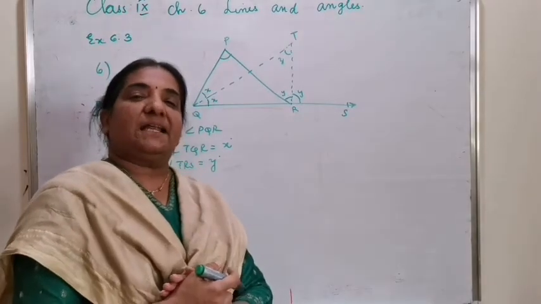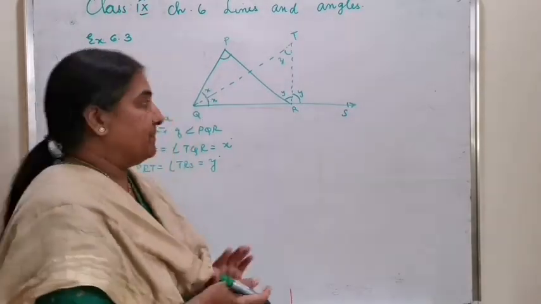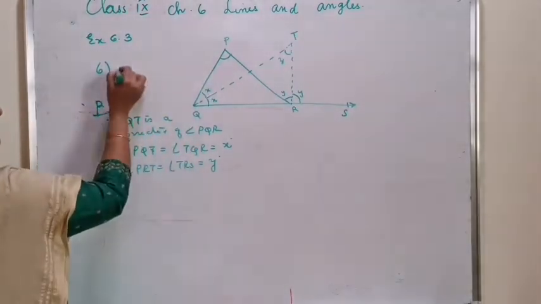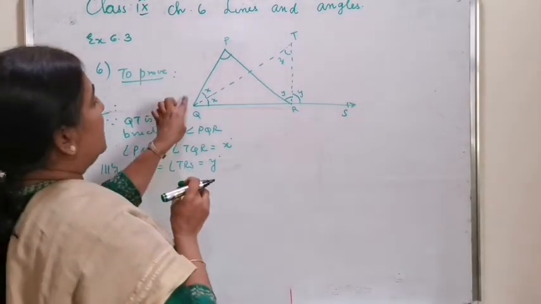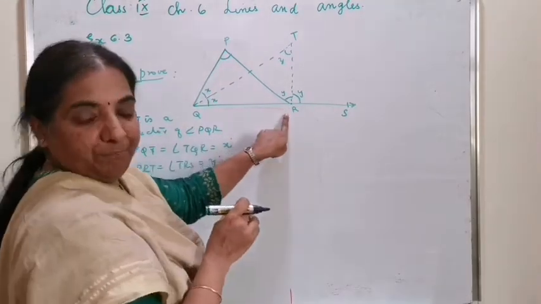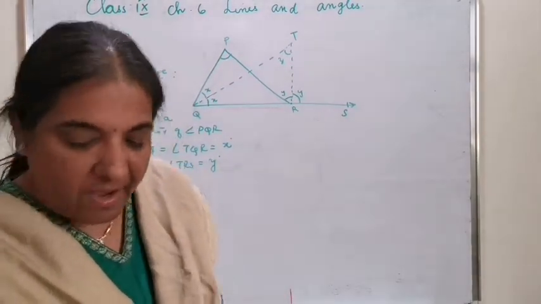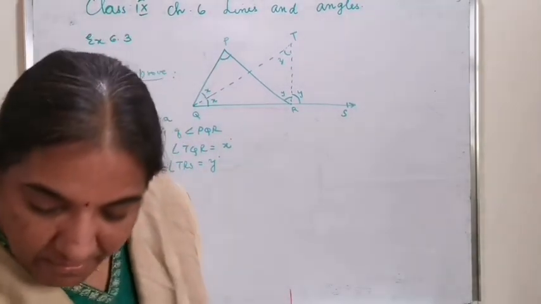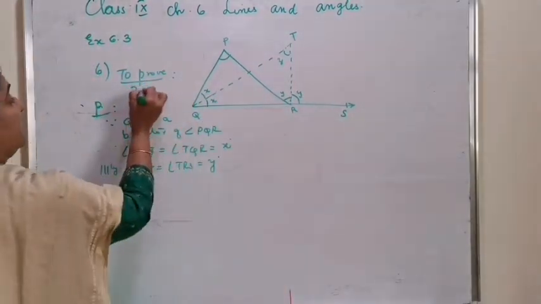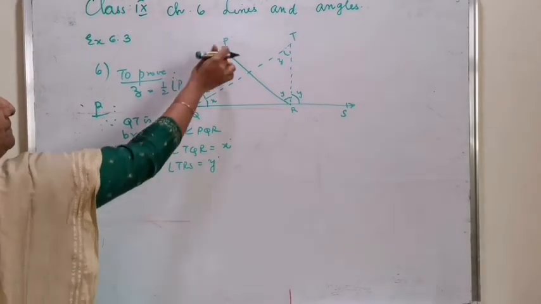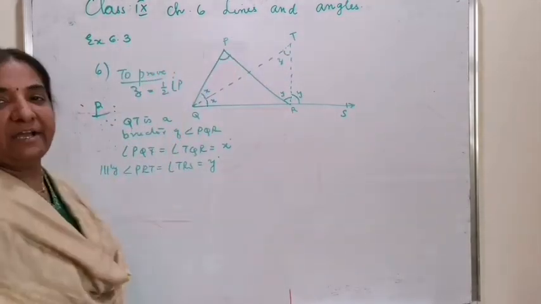Here only the exterior angle property is needed, and what is to be proved is that Z, this angle QTR, is equal to half angle P.